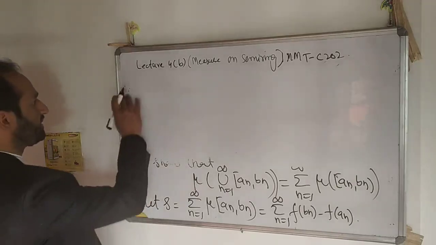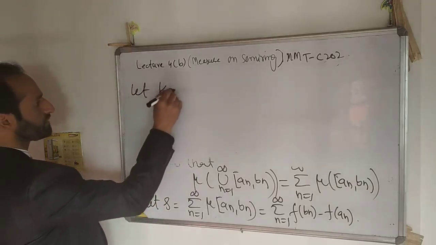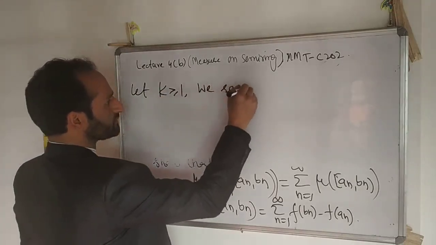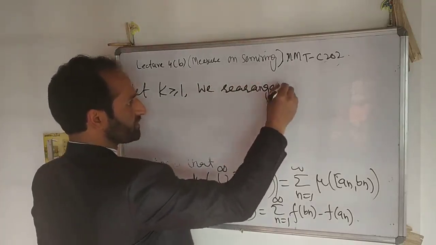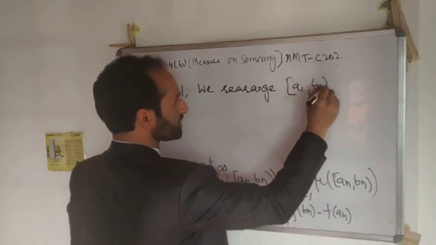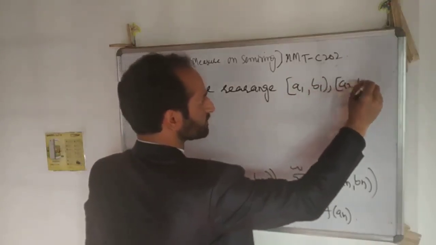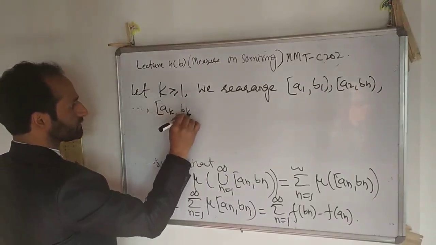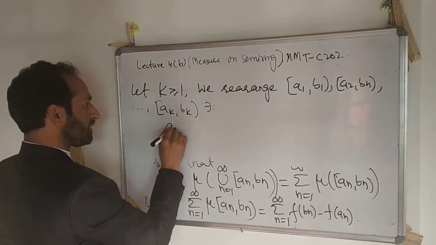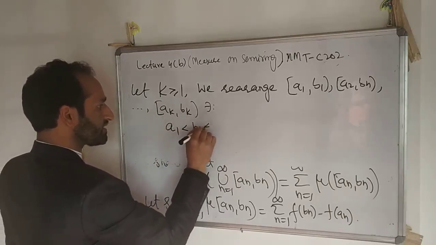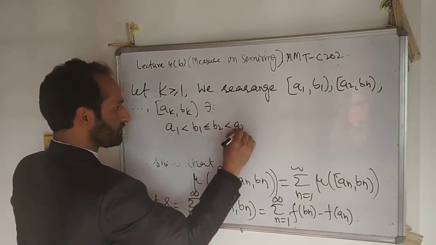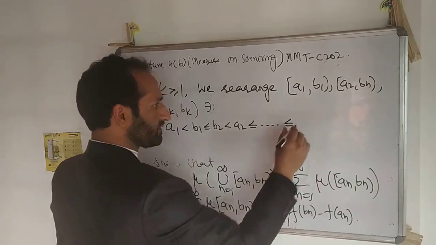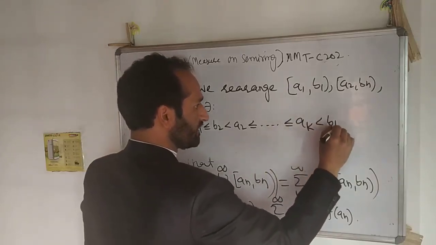So now, let k be any positive integer. We rearrange the k semi-closed intervals such that a1 < b1 ≤ b2 < a2 ≤ ... ≤ ak < bk.